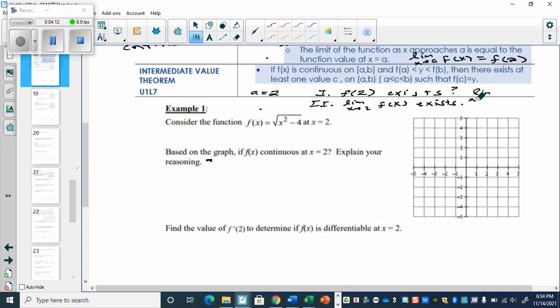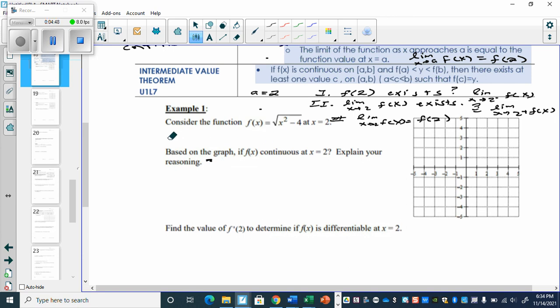Does the limit as x goes to 2 from the left of f of x equal the limit as x goes to 2 from the right of f of x? Question mark. And lastly, number 3, if this limit does exist, does the limit as x goes to 2 of f of x equal f of 2? Do these two things equal? If they do, then this function is continuous.